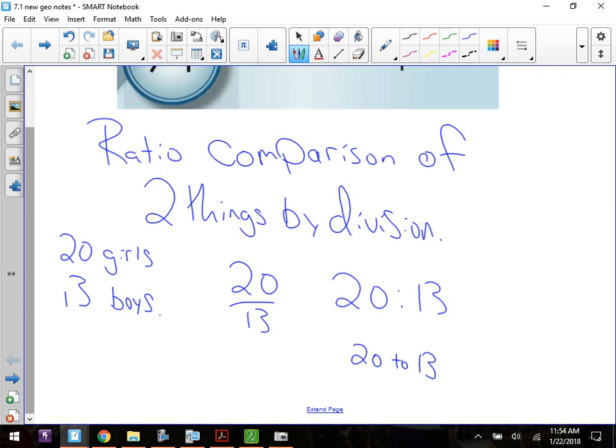One of the other things that you deal with when you're looking at these things called ratios is that since they're going to be fractions, what do you always do to your fractions? Simplify. Reduce is when you're trying to shrink something.